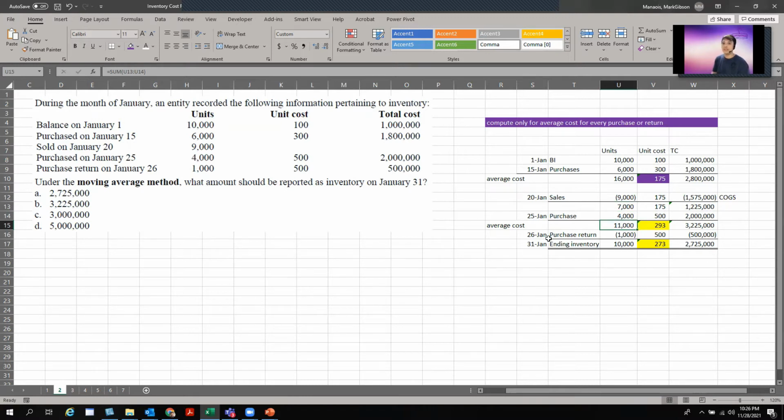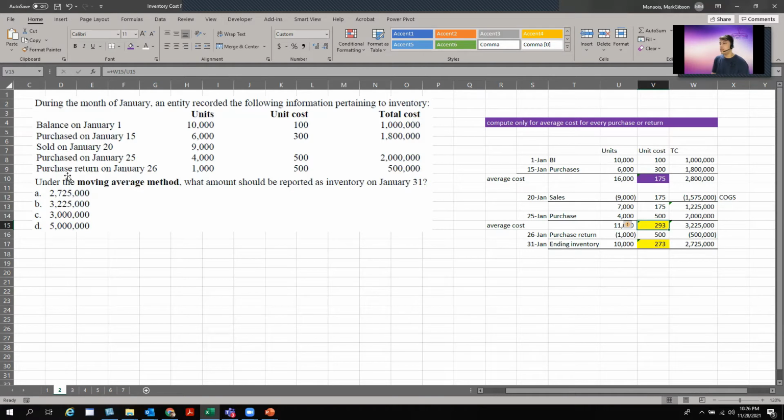So that's 11,000. So kunin ulit natin yung sum naman ng total inventory remaining. So that's 1,225,000 plus yung purchase natin ng January 25 of 2 million. So that's 3,225,000 pesos. So 3,225,000 divided by 11,000, that's 293. So this is rounded up na, class, ha?